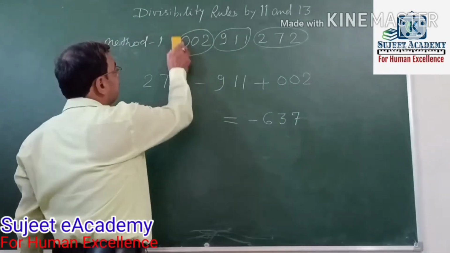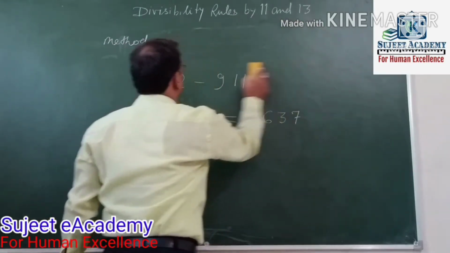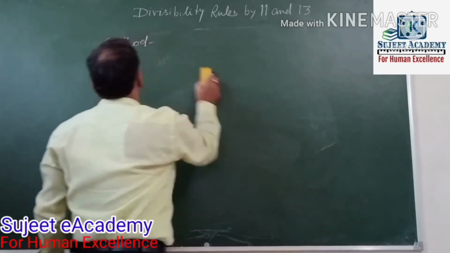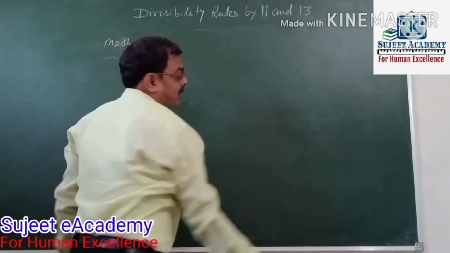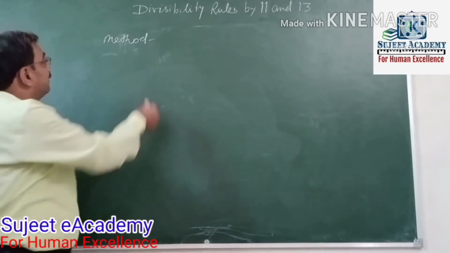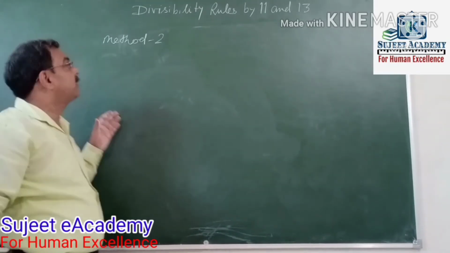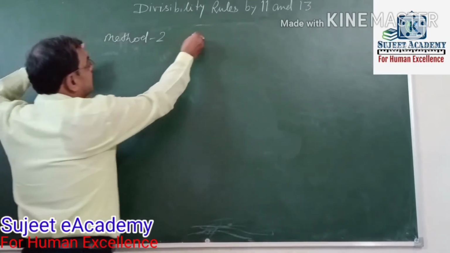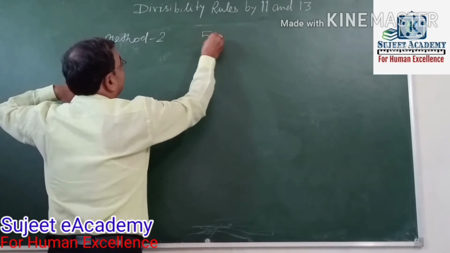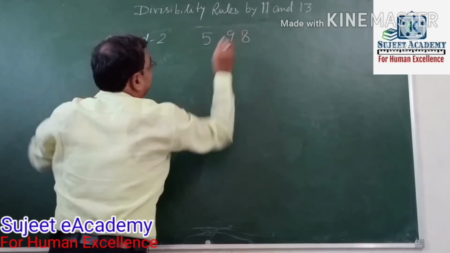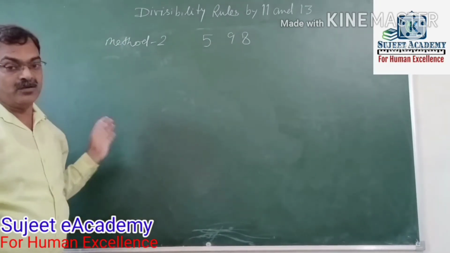Now, second example with the second method. If the number is not so big, then you can try this one, to check whether 598 is divisible by 13 or not.